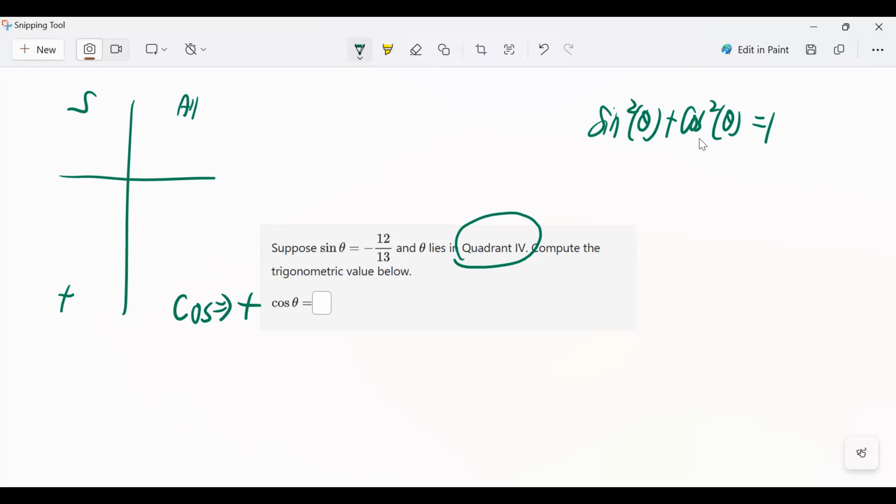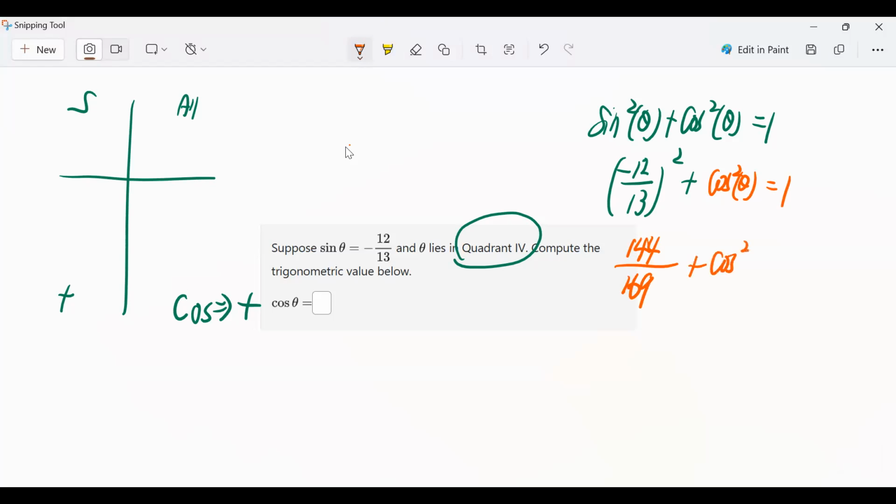And here sine theta is minus 12 over 13. So 12 squared is 144, 13 squared is 169, plus cosine theta squared is 1.